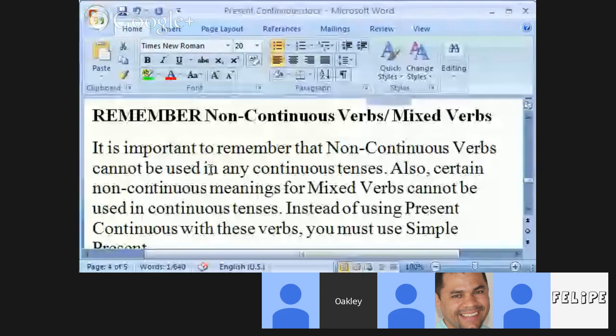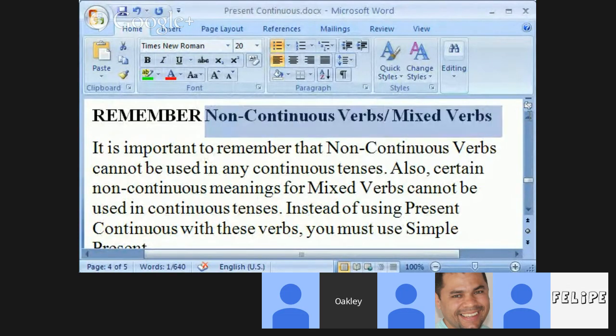Okay. And I had mentioned this earlier in the class. It bears repeating. I think I've got a couple new students. Since I talked about it earlier, non-continuous verbs or mixed verbs, they simply cannot be used in continuous tenses, and that means all continuous tenses, past, present, future, even perfect continuous tenses, past, present, future, passive continuous tenses, no continuous form at all.